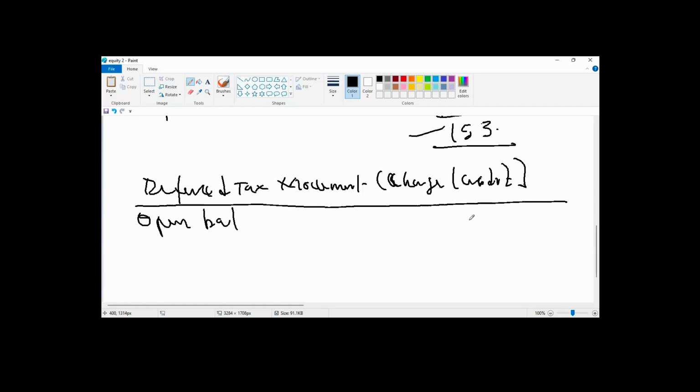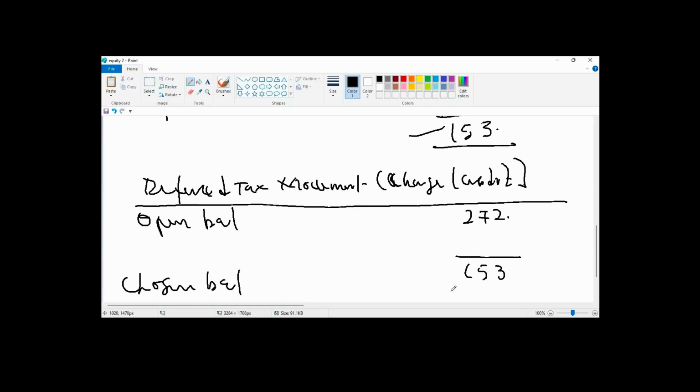If it is not given, I will say 0. In this question, how much is the opening balance? What do we close with? Closing balance.